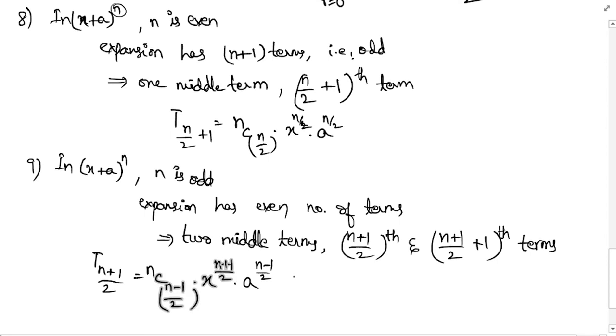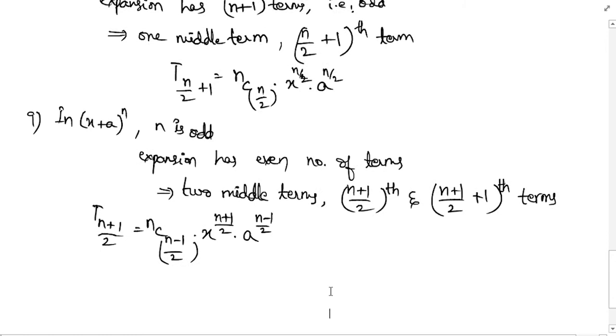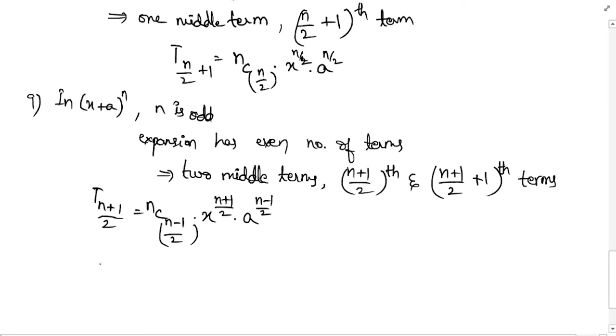Okay, and how to find the next term? T(n+3)/2 is equal to nC(n+1)/2 into x power (n-1)/2 into a power (n+1)/2. Okay, so these are the formulas to find the middle terms.